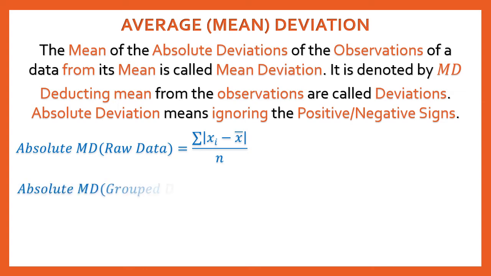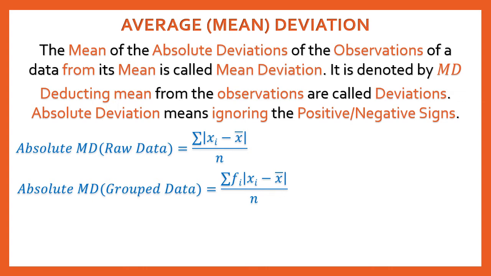The absolute MD for group data, because there is a frequency, so we have to multiply this modulus value with its frequencies. So summation fi modulus xi minus x bar divided by n. We multiply the frequencies with the modulus values, then make a total of those values and divide it by total frequencies, or the n number of observations.